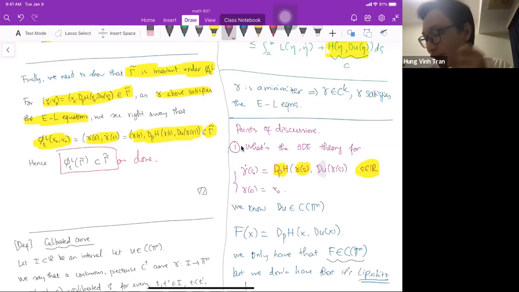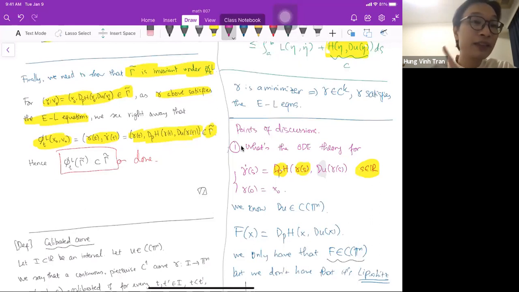Then the previous curve gamma gives you exactly what you need, right? Because that's exactly phi t of L. Does that make sense? Remember that phi t of L is a curve that is well defined, right? Phi t of L is just satisfying the Euler-Lagrange equations.